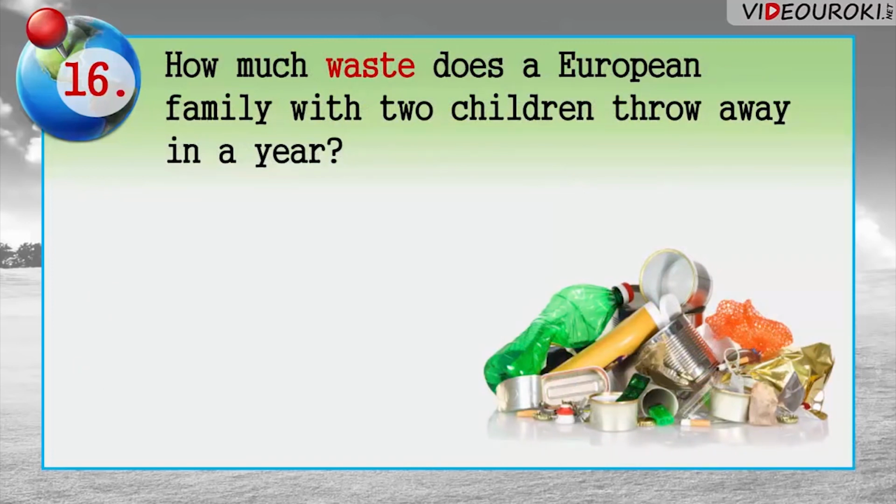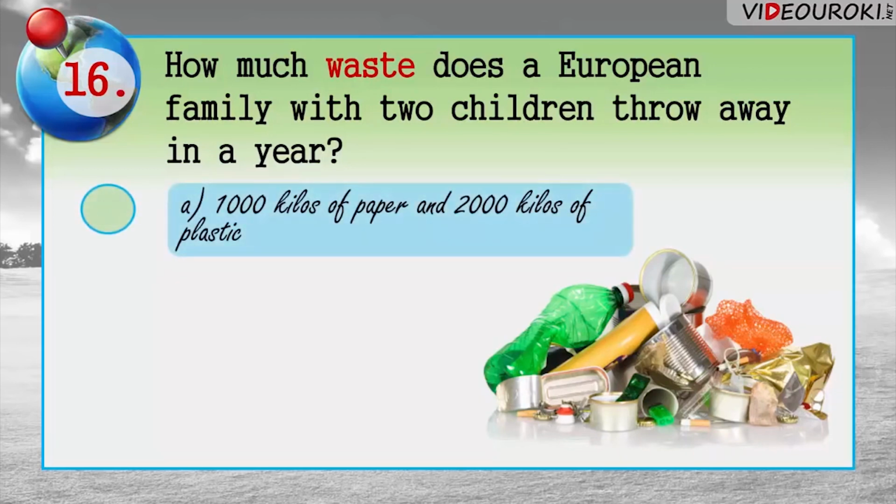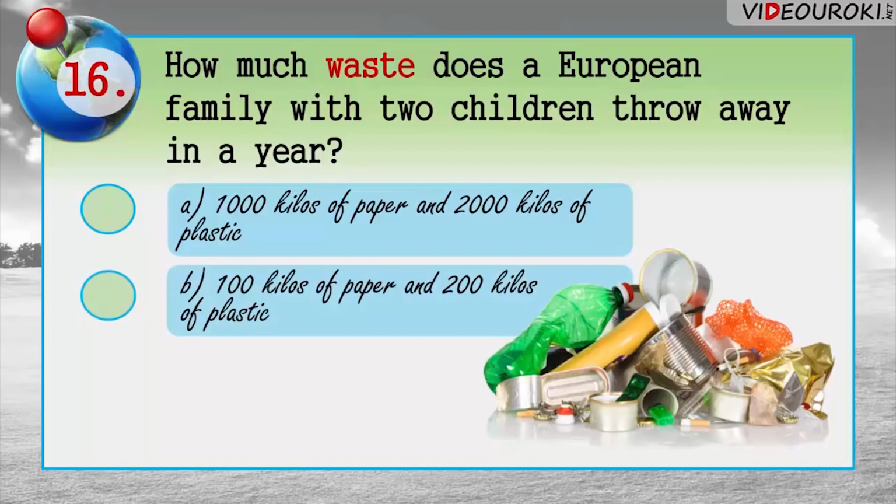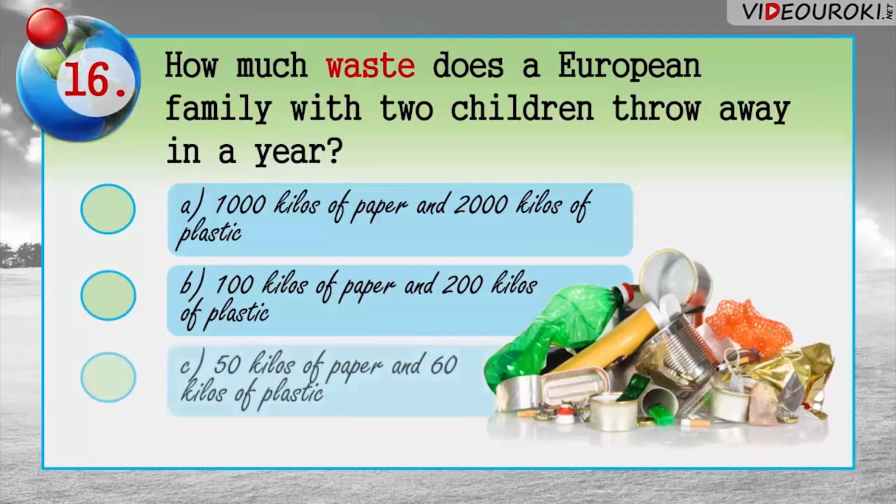How much waste does a European family with 2 children throw away in a year? A. 1,000 kilos of paper and 2,000 kilos of plastic. B. 100 kilos of paper and 200 kilos of plastic. C. 50 kilos of paper and 60 kilos of plastic. Correct answer is C.